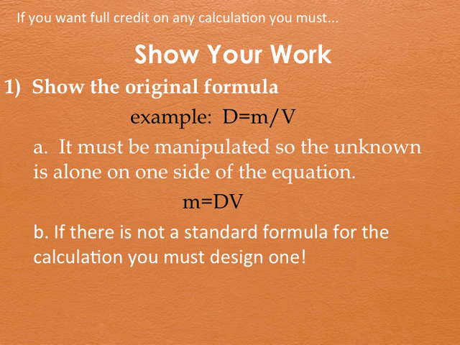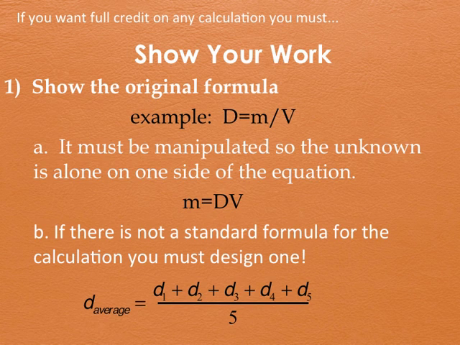However, one of the more common ones you'll have to make up is an average formula. If I had a whole bunch of densities for something, I would want to find the density average. So I would take, let's say, the 5 densities, add them together and divide by 5.